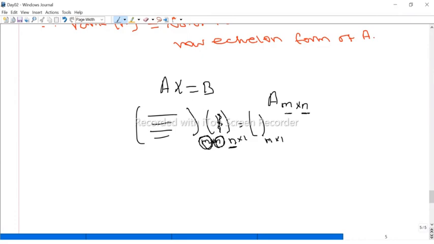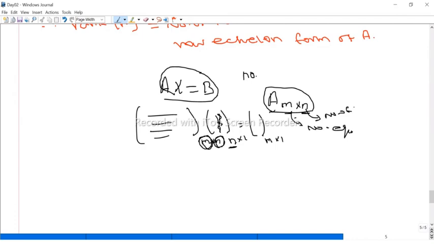Suppose I am writing the matrix form, Ax equal to B is the system of equations. If A is an n by n matrix, then this n is the number of variables, and this n is the number of equations.